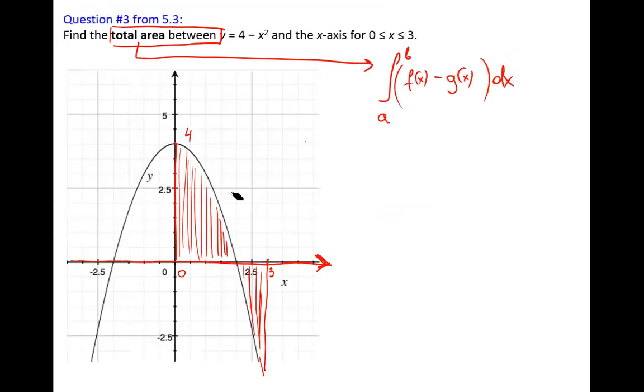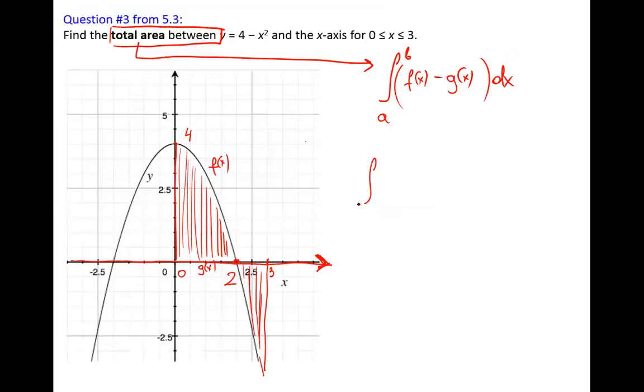And we can definitely see that this parabola and the x-axis have a point of intersection, which I think is 2. And this point of intersection changes the position of the function. Let's say this is f, and the x-axis will be g, f of x, g of x.